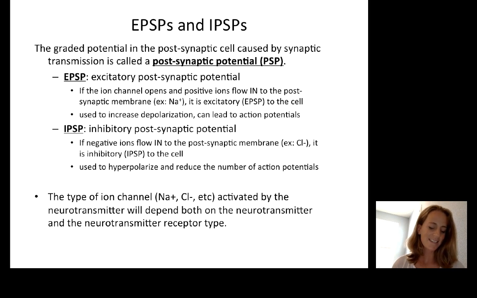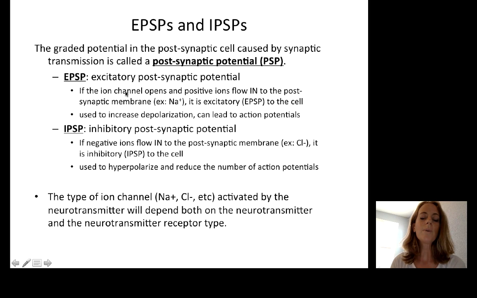So you will notice I didn't tell you what ions enter the postsynaptic cell. That's because it depends on the type of postsynaptic cell and the type of neurotransmitter that is released. The most common is that the neurotransmitter will excite the postsynaptic cell. If that graded potential is excitatory, meaning that it moves in the depolarizing direction up towards zero, then we call that an EPSP.